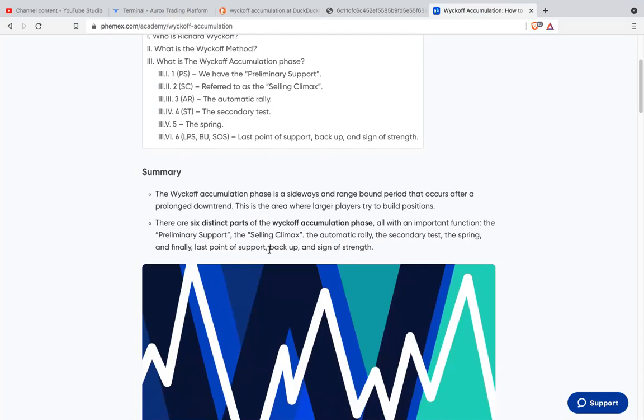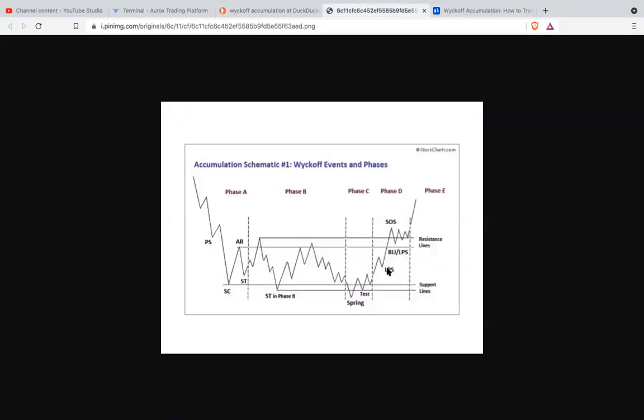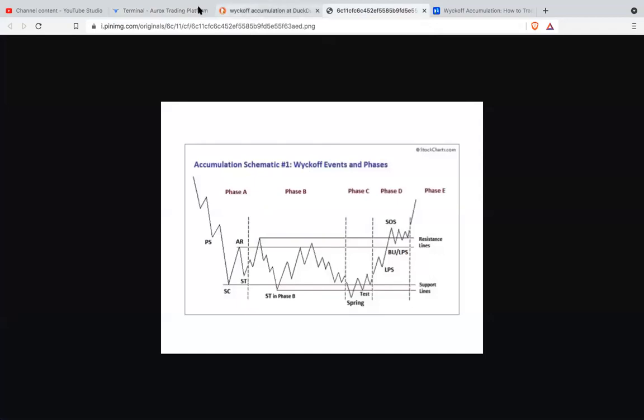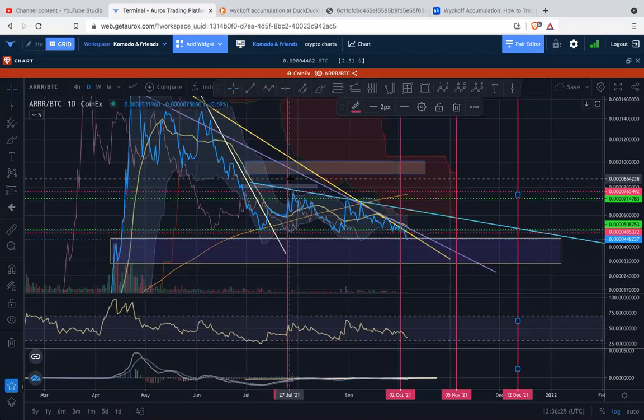Then you had the last point of support, backup, sign of strength, which were these levels here. And yeah, you had that spring, you had the tests. Okay, automatic rally at first, which we found over here. Interesting though, just overall, how it plays out. I don't know how they work the tests, but anyway.